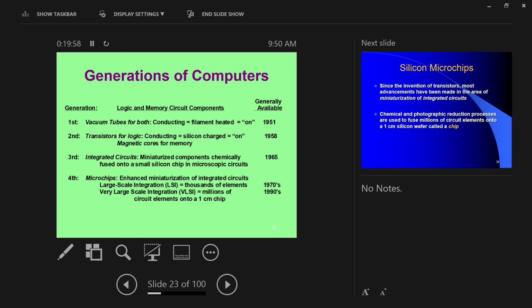But in any case, the history is smallifying, right? And now we've got phones in our hands, right? I don't know if you know this, but a simple calculator, like the Texas Instruments basic calculators that we all used in math, has more processing power than the lunar lander we sent to the moon. So what we have now, because of these microchips, gives us incredibly more processing power than we would ever have had without them.